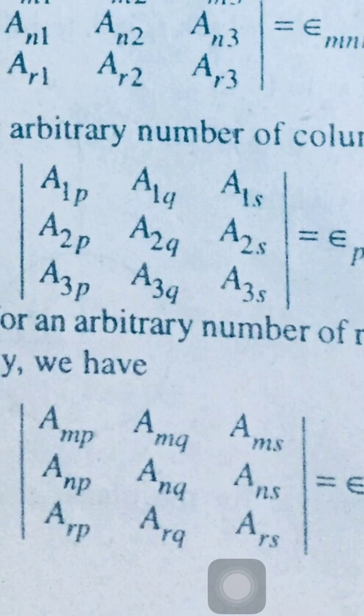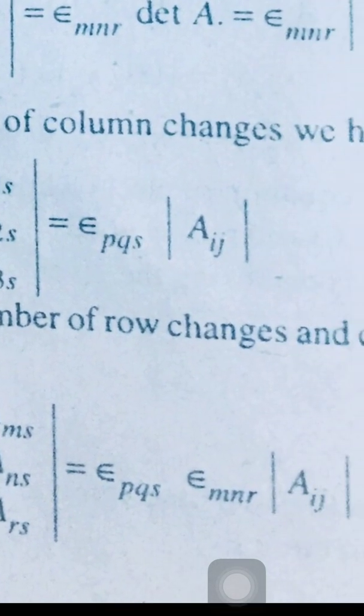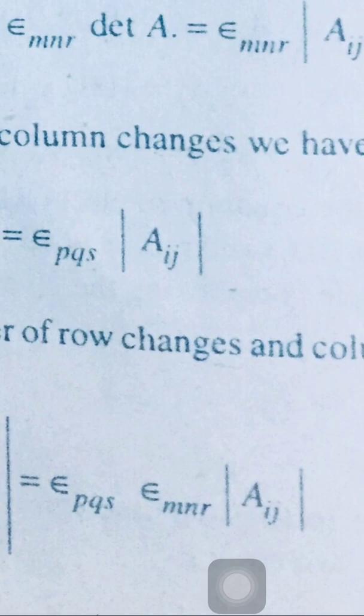That means MNR or PQS. So it becomes epsilon PQS, epsilon MNR, and determinant Aij. Product of these two cases, after making an arbitrary number of changes simultaneously in row and column. So we get two types of epsilon symbols.